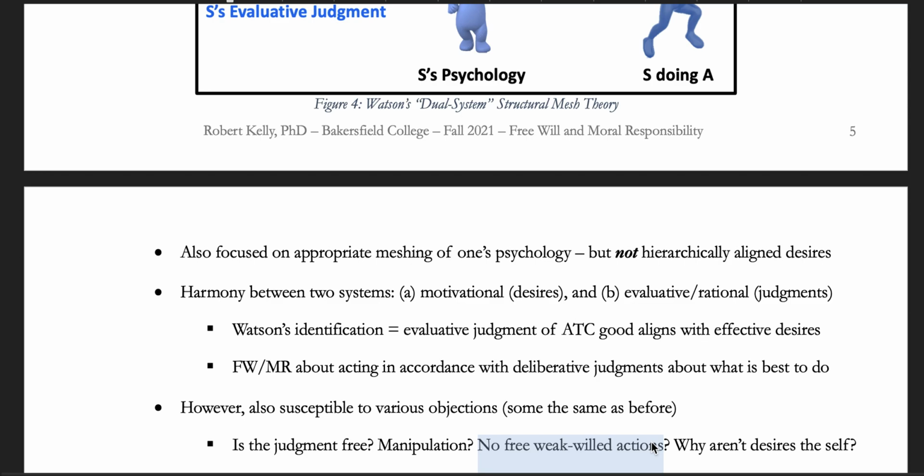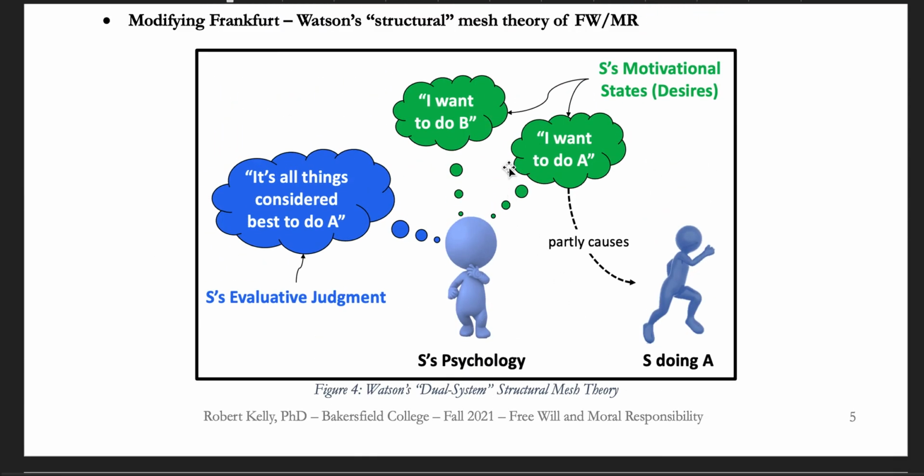He tries to argue for that, and I don't know if this is his theory, but there's what's called this judgment shift theory, where people say, when you act in a way that does not align with your judgment about what it's best to do, if you say, it's best that I don't punch this person, and then you punch them, what these people say, who deny weak-willed actions, they say, oh, well, at the last second, without even knowing it, you changed your judgment about what it's best to do.